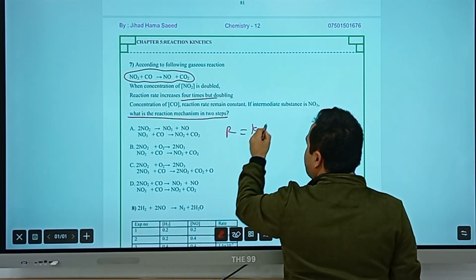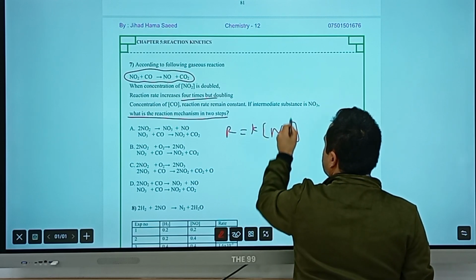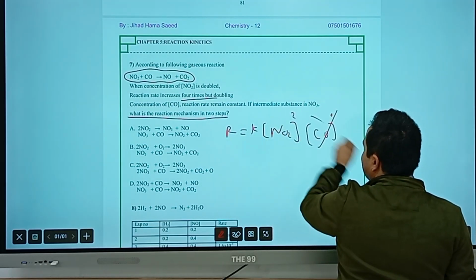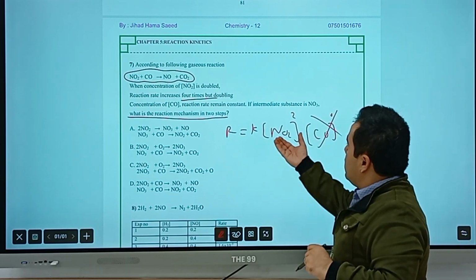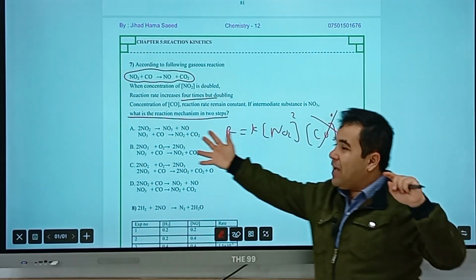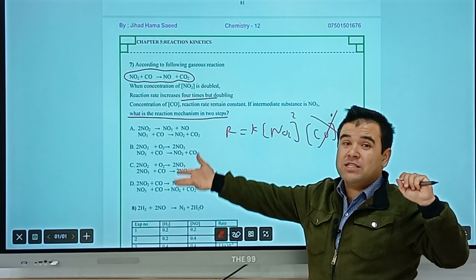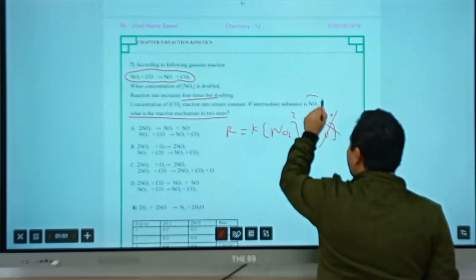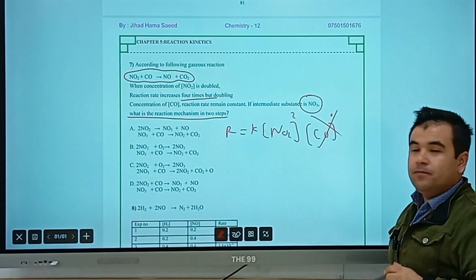The rate is equal to K, NO2 squared, and CO to the power of 0, or we can say it's 1. So for the reaction mechanism, the steps are given, and it says NO3 is an intermediate.